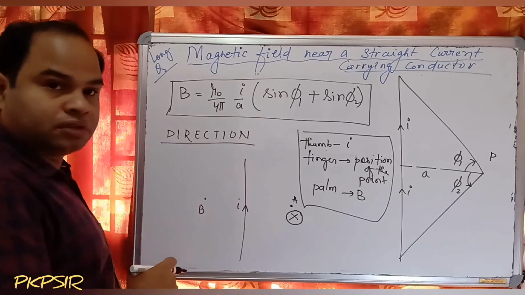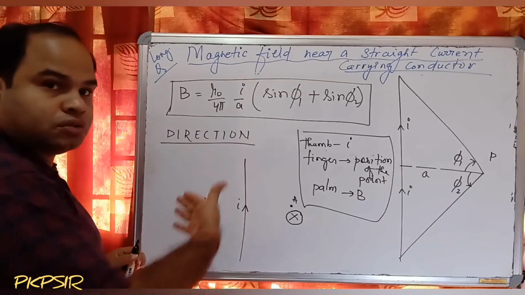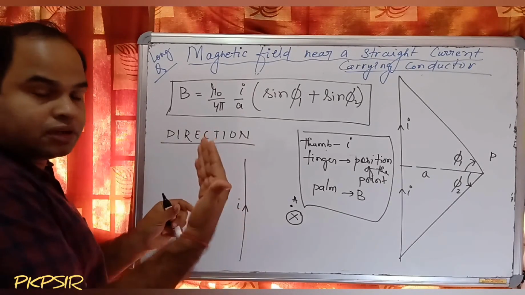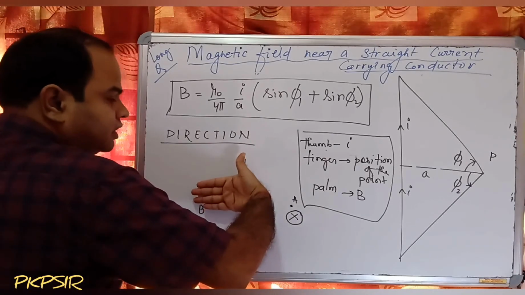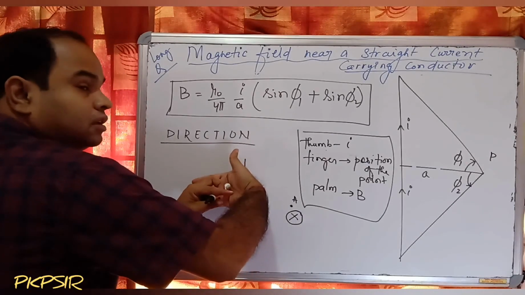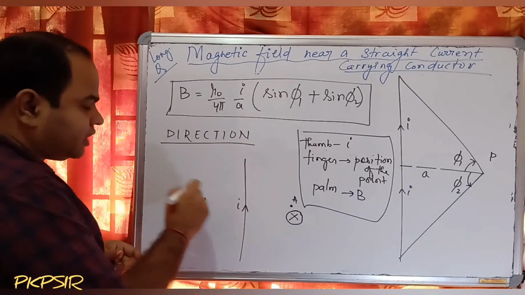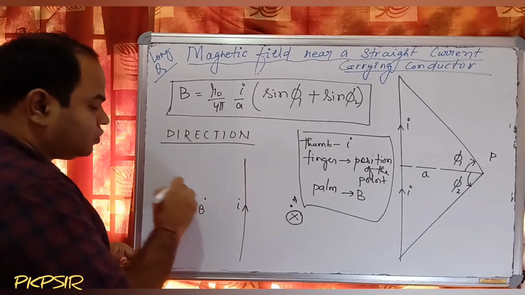Suppose we want it at B. The current is going upward, and the position is this position, so place the fingers like this. What is the direction of the palm? It is in the outward direction. So the direction of the magnetic field at B is outward.